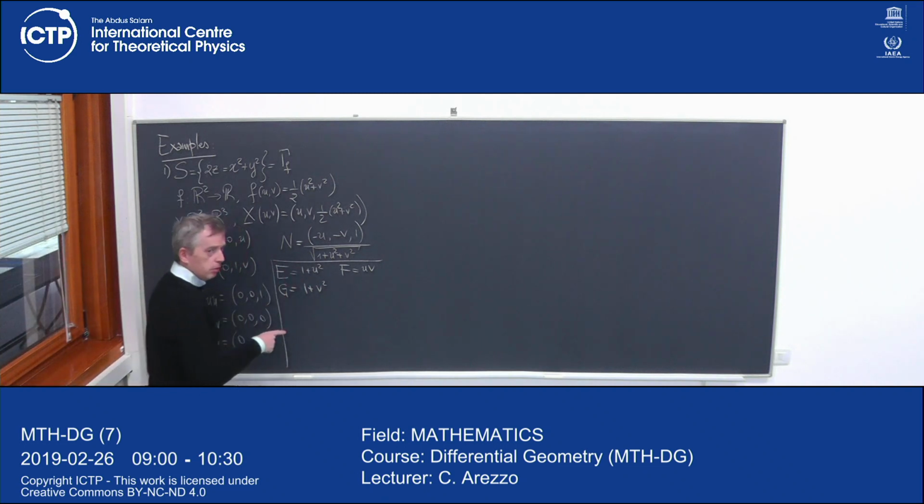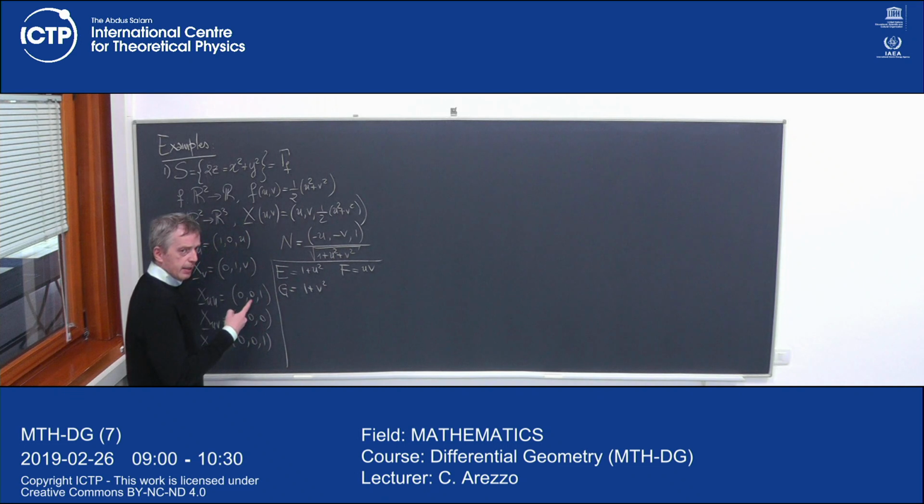Then I start computing the coefficients of minus d and p. So little e, now this time I write what it is. Remember, you have two formulae to choose from: it's minus nu xu, or it's n xuu.